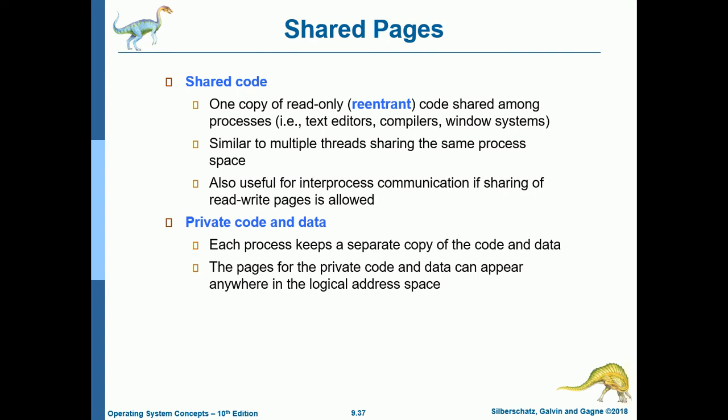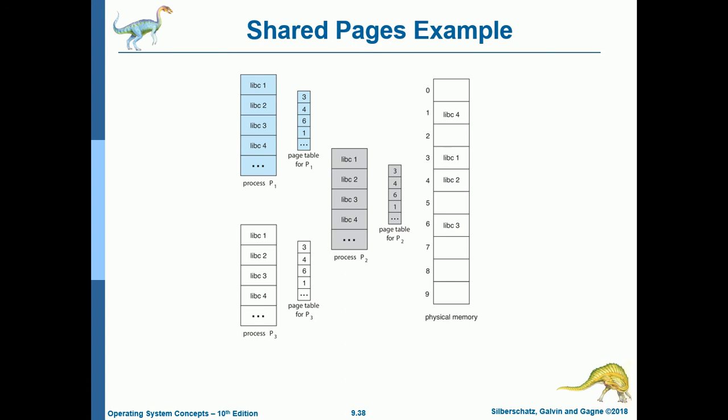Then we also have the private code and data. Each process keeps a separate copy of the code and data. The pages for the private code and data can appear anywhere in the logical address space. So we have a shared pages example here, with process P sub 1 and process P sub 3.